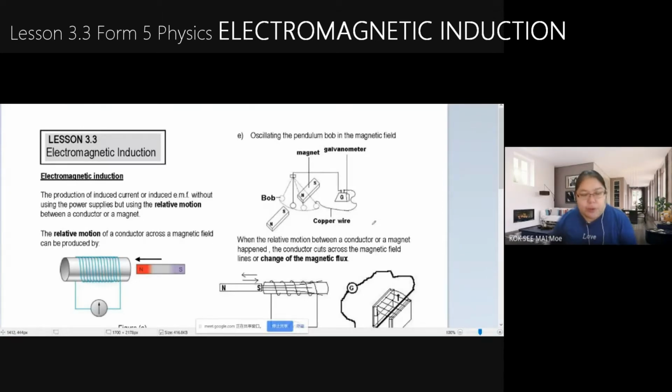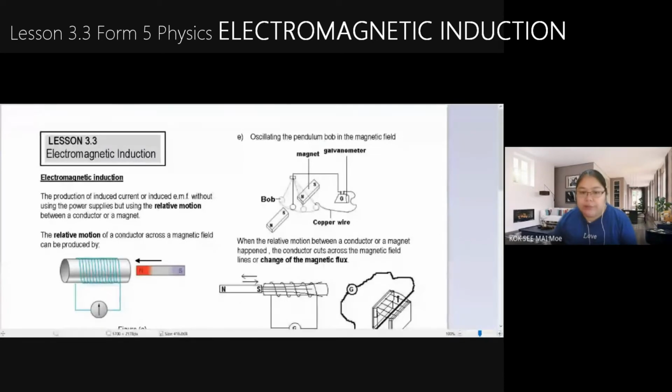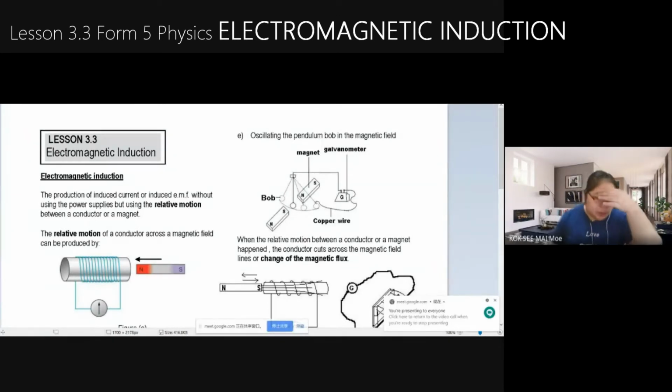Okay, now we go to 3.3, electromagnetic induction, which means now we don't have any battery. Not having any battery means you need to do some rotation, some movement. The movement must be between the magnetic field and the conductor, and the magnetic field and the motion must be 90 degrees.